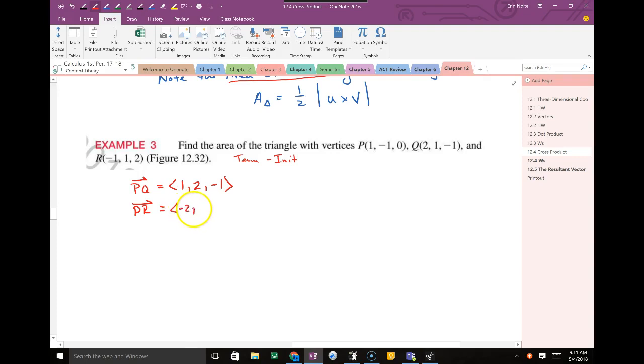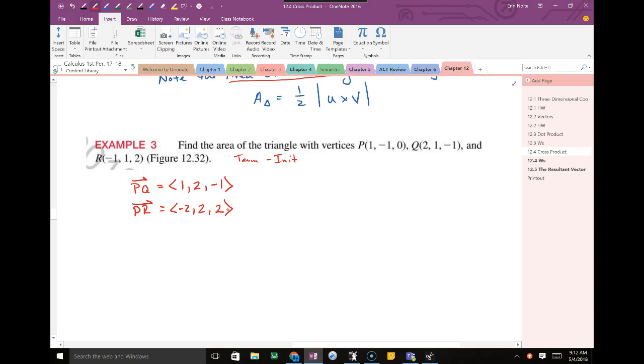Negative 2. Good. Okay, then we have 1 minus negative 1, which is 2. Uh-oh. This is not supposed to be the hard part, guys. 2 minus 0. Good. Alright, so I have my 2 vectors.